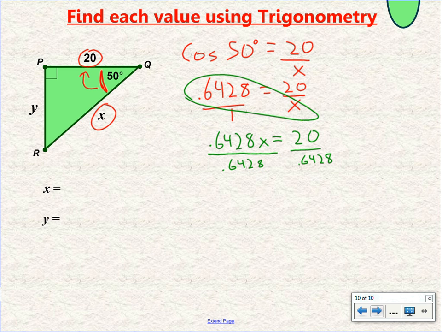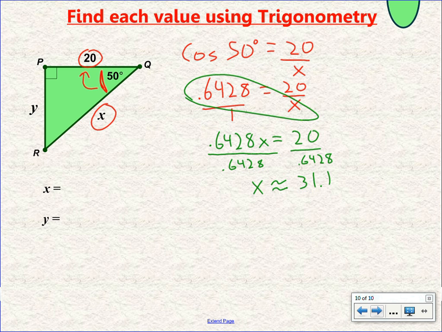I have no idea what that is off the top of my head, so I'm going to have to do it. 20 divided by 0.6428 on the calculator gives us x equals 31.1. That is the length for x. And it's 31.1113872, and so on. So that should be our value.